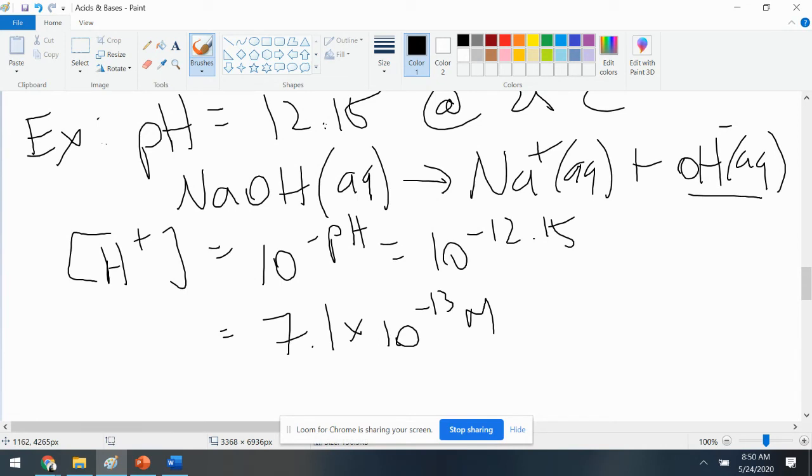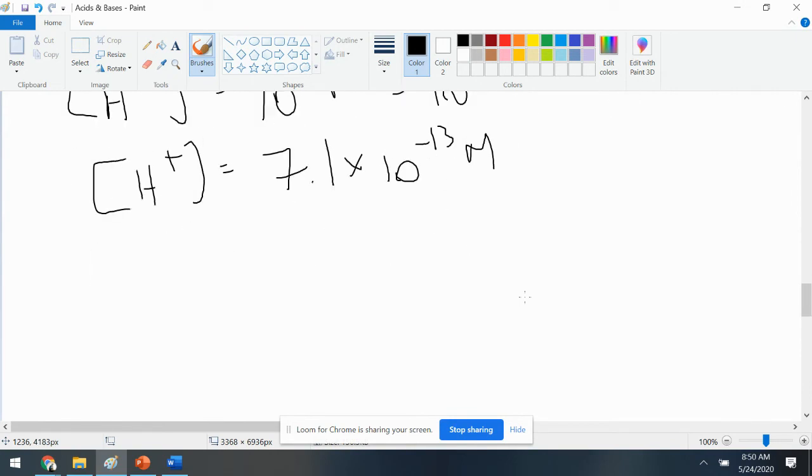This solution contains 7.1 times 10 to the negative 13 molar of your hydrogen ion. So how do we calculate how much hydroxide we have in this solution? If you remember from last time, I talked about the ion product constant, which says at 25 degrees Celsius, your Kw is equal to H plus times hydroxide.